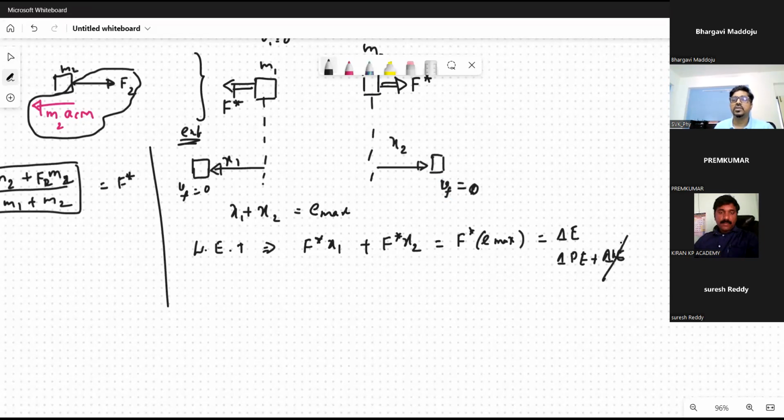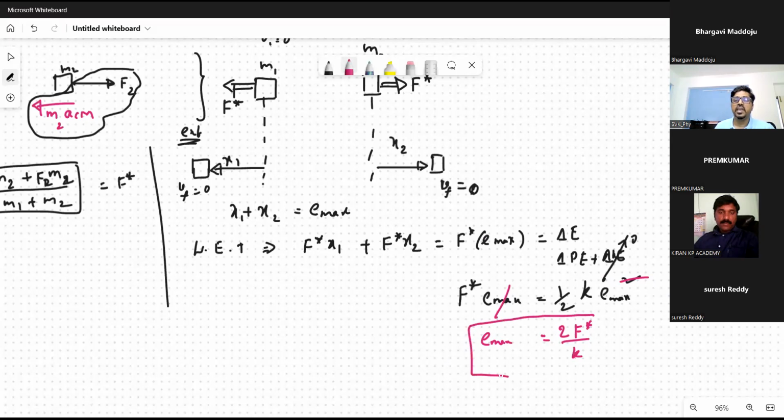So F star into xmax equals the change in potential energy. Change in potential energy is half K into xmax square. So one xmax cancels out, and you get two times F star divided by K. 2F star by K, that will be xmax.